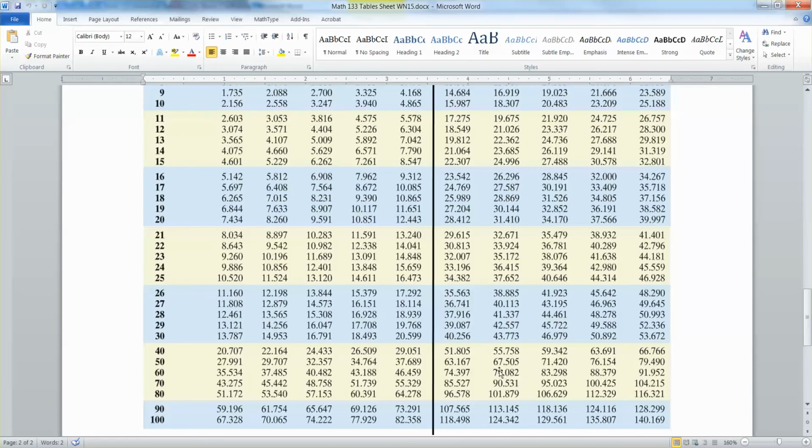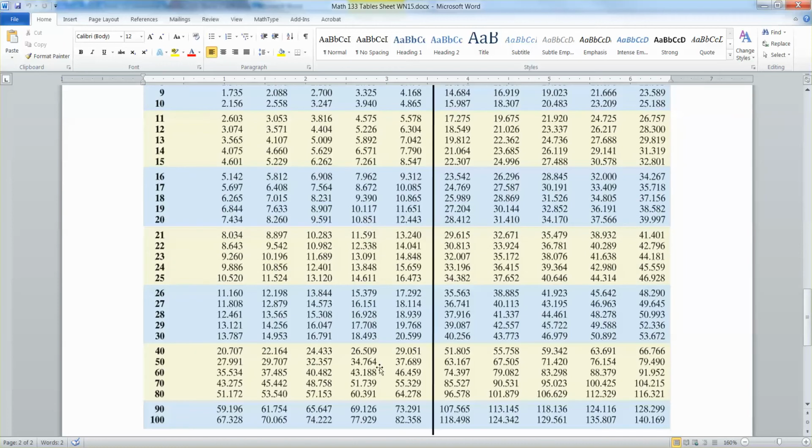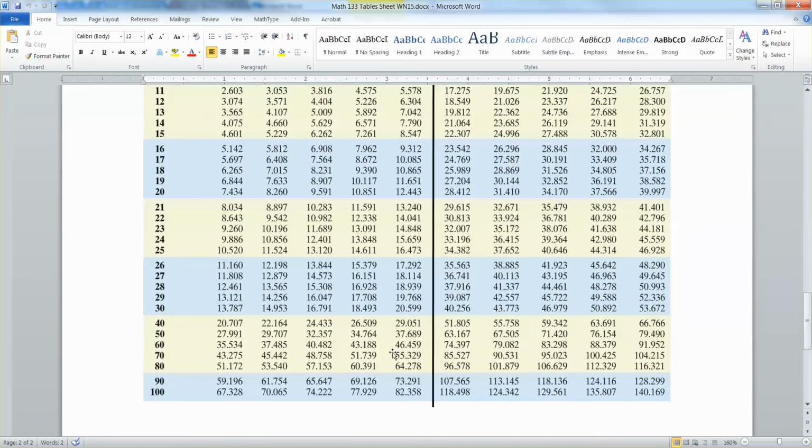And then we want it again for 0.95, excuse me, and that would be 43.188, right there. There is no calculator option here, so you're going to have to use the table. So 60 degrees of freedom, 0.05 and 0.95. Notice, by the way, that all the ones on the right side of the center line are on the right side of the curve, and all the ones on the left side of the center line are on the left side of the curve.